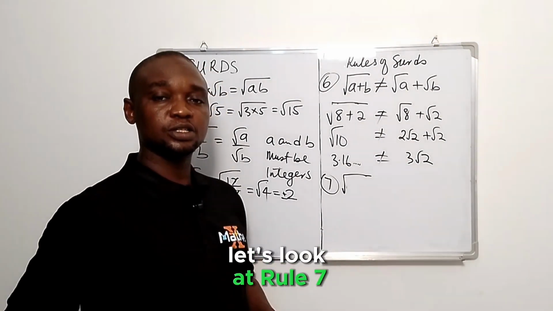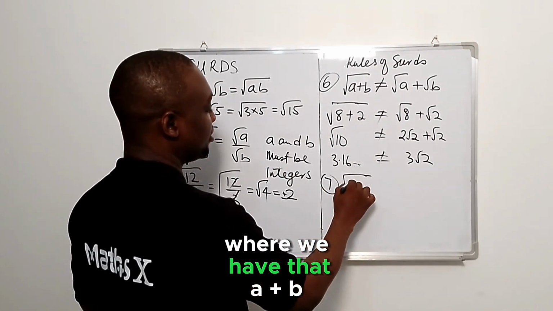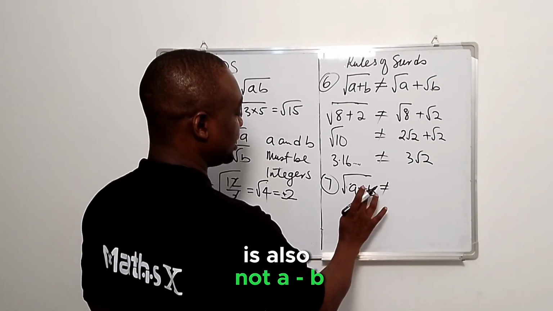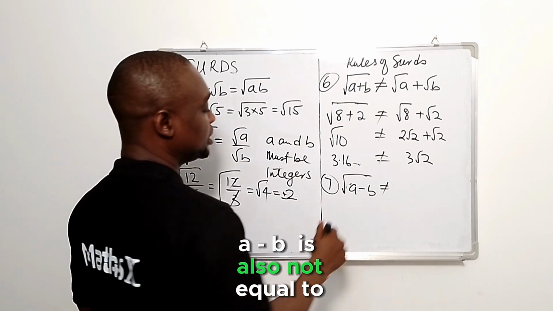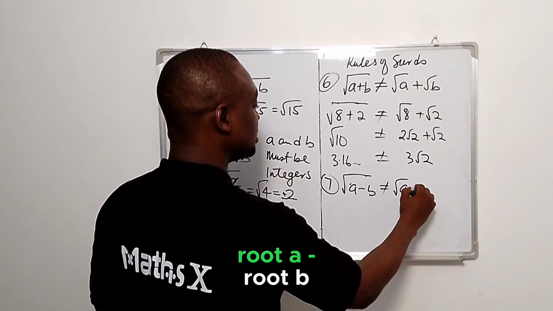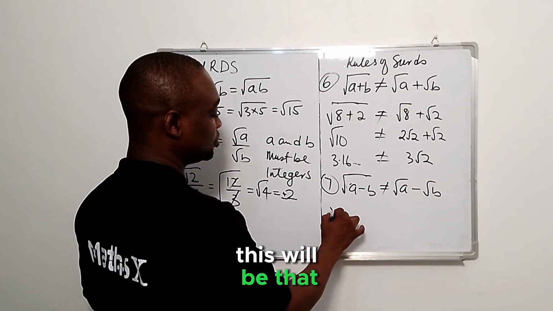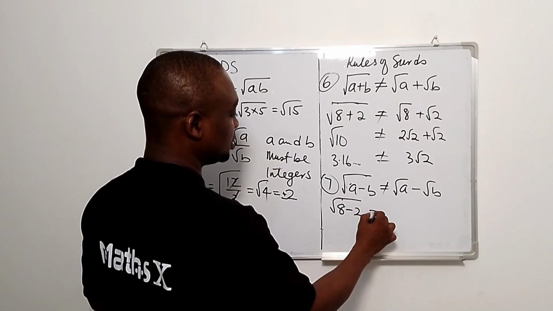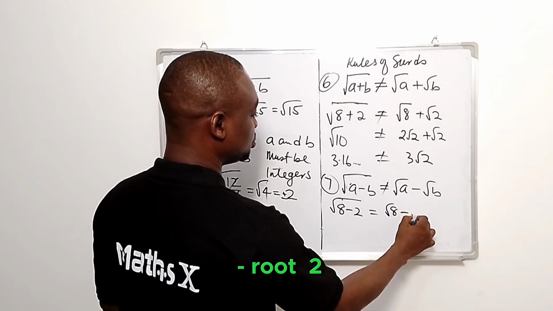Clearly. Let's look at rule 7. Rule 7 of surds, where we have that root of A minus B is also not equal to root A minus root B. For this, 8 minus 2 cannot be equal to root 8 minus root 2.